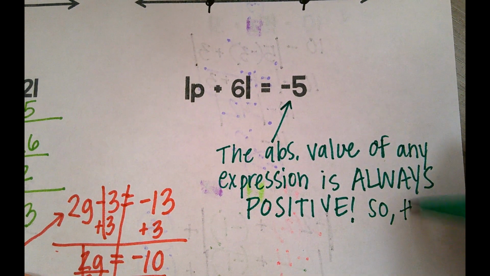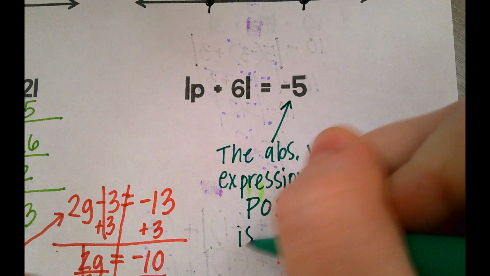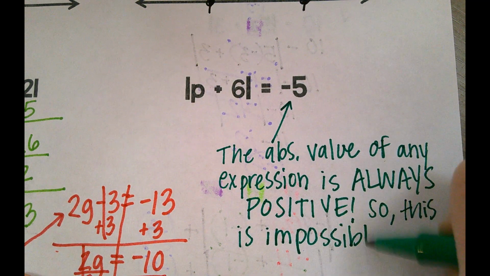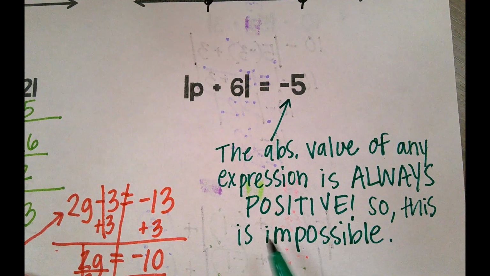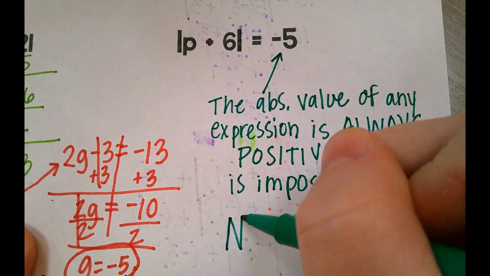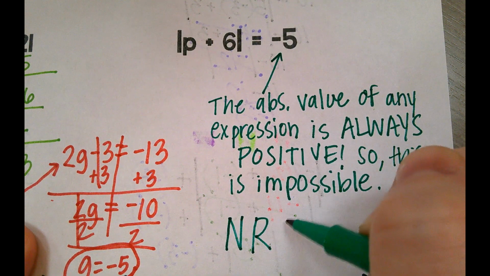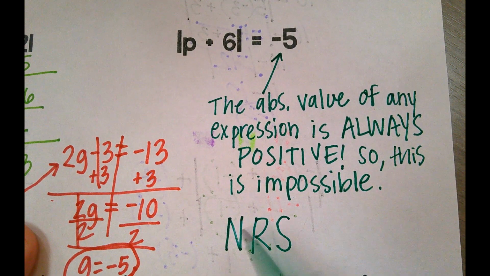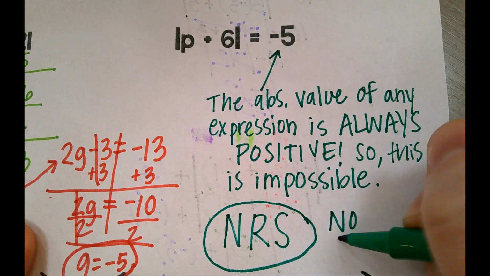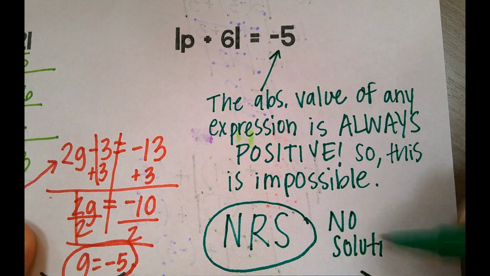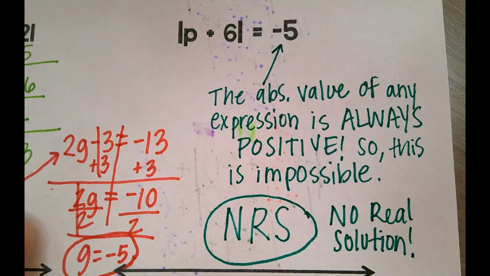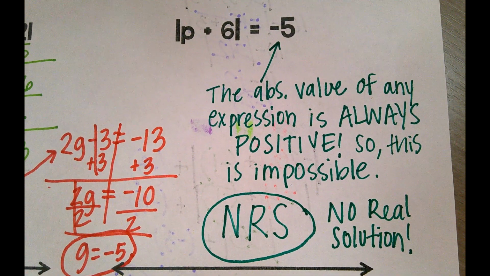That's what we'll write. This is a trick one. We would write for this problem: no real solution. We can't do it. It can't be done.